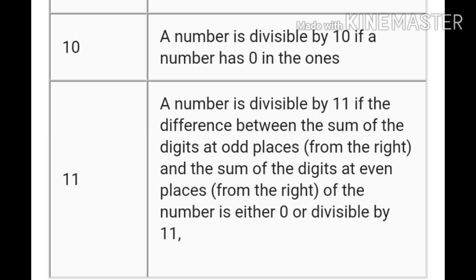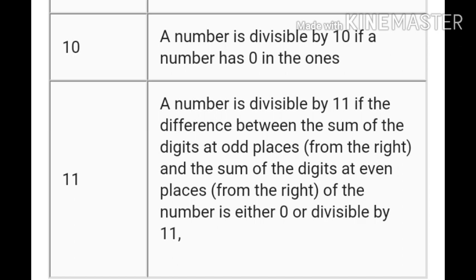Divisibility by 11. A number is divisible by 11 if the difference between the sum of the digits at odd places and the sum of the digits at even places of the number is either 0 or divisible by 11.